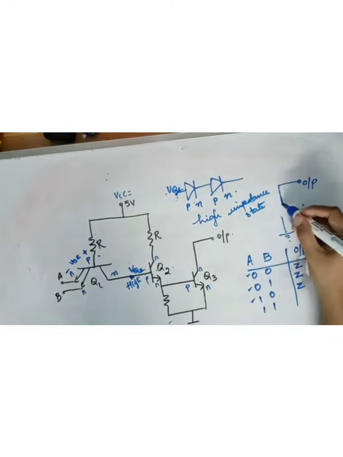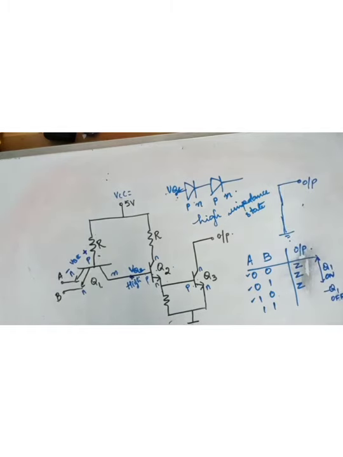This will act as a closed switch. Closed switch means output will be low. It is connected to ground, so it will be low. So here the output will be 0. So that is an open collector TTL.